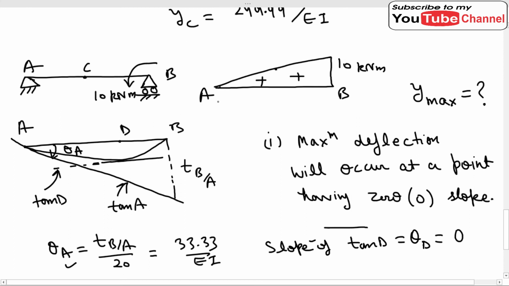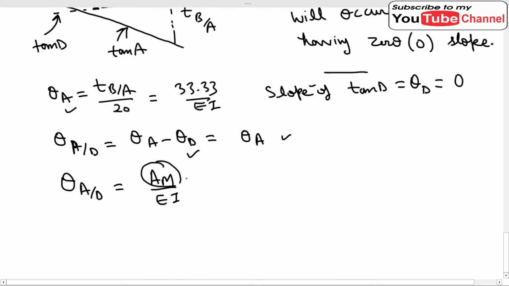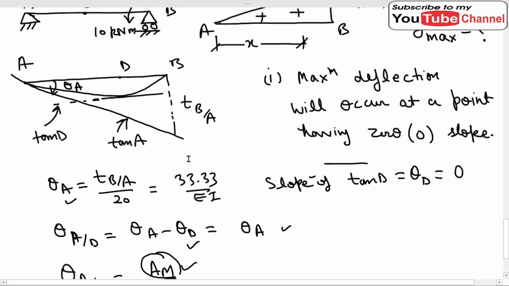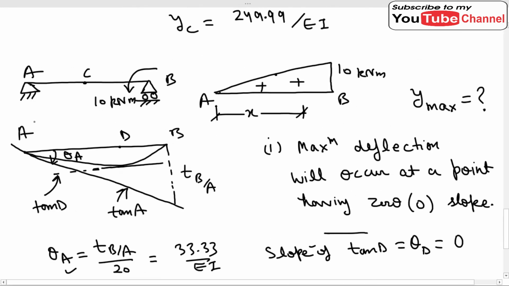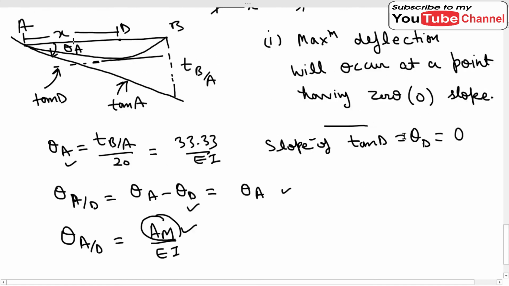If we see this bending moment diagram, we don't know up to which point we have to take the area. Okay, we have to take the area of the bending moment diagram. So we will assume that this point D is at a distance of x from A. Okay, now what will be the area?